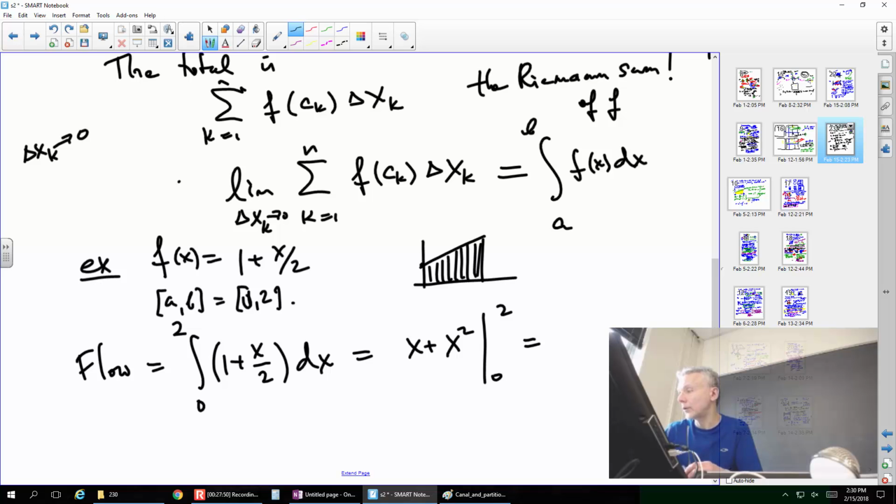Sorry about the integration. If I plug in 0, I'll have 0. If I plug in 2, I have 2 plus 4 over 4. So the answer is 3, as planned.